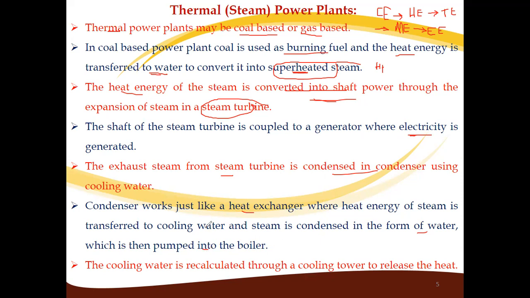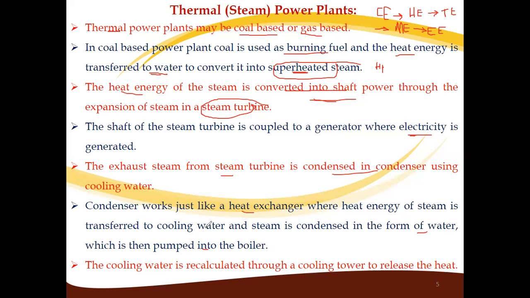So if you see from this description, there are some parts of this thermal power plant. The first part is the boiler, where we have the burning of fuel and conversion of heat energy into steam energy. Next, we have a steam turbine, where we convert that heat energy into thermal energy, and thermal energy is converted into mechanical energy.